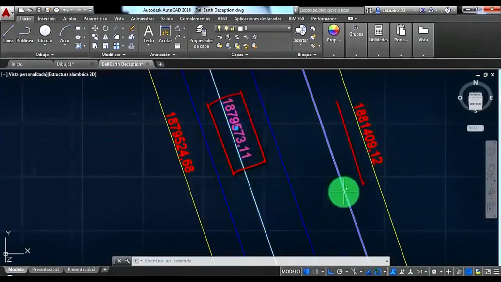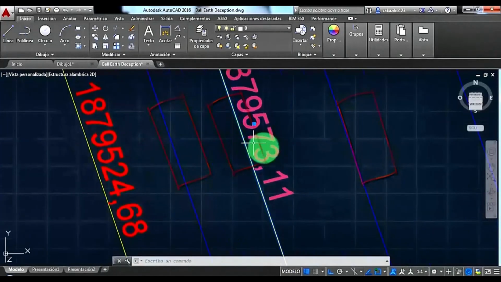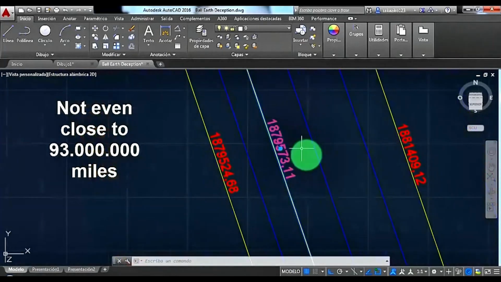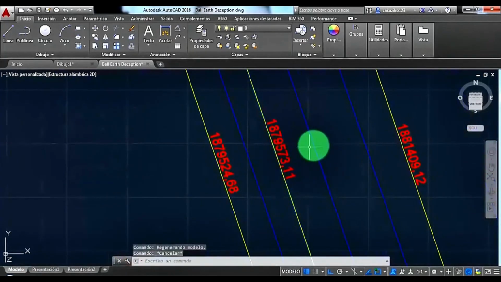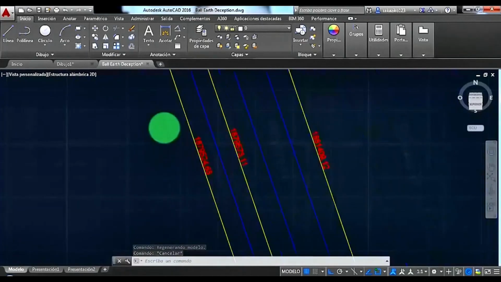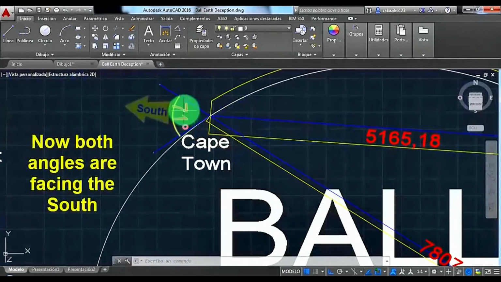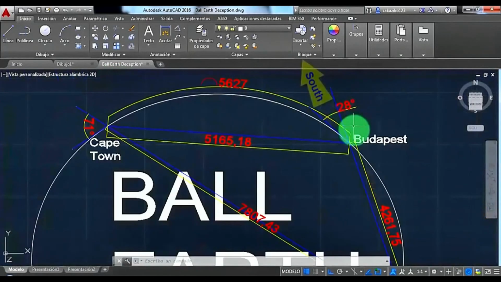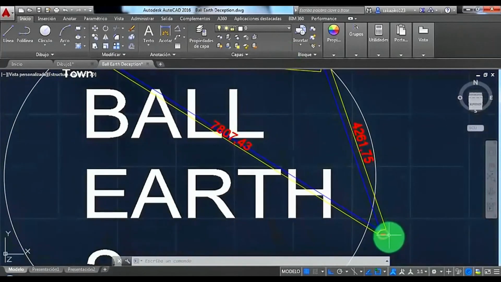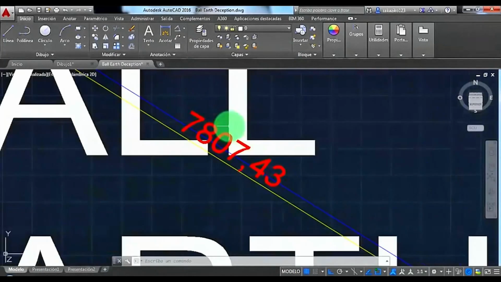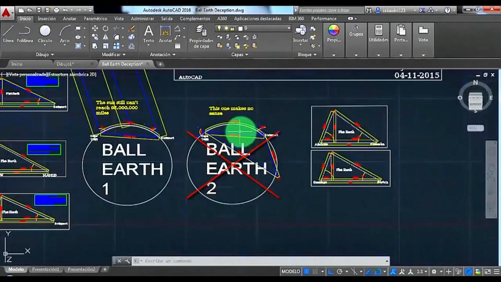The distance is not even 2 million miles, not even close to 93 million miles. It can never reach that far. Okay? Now both angles are facing the south. I kept the same angles, and here it is, about 2,000 miles. And of course it doesn't make sense at all.